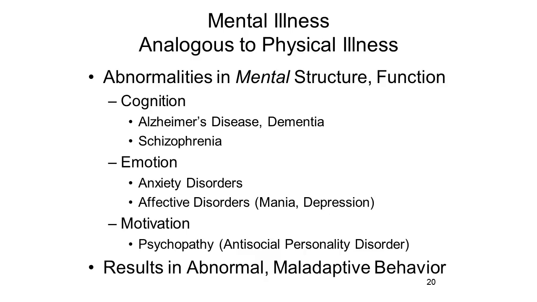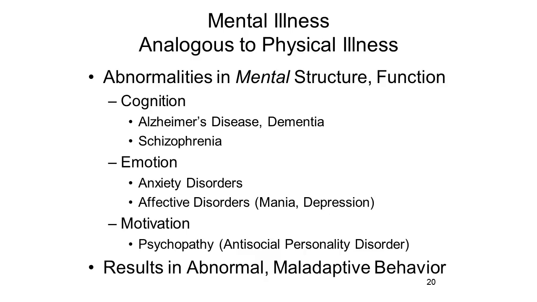These individuals have emotional experiences that are inappropriate to the situation. And in psychopathy, antisocial personality disorder, we see abnormalities in the motivational domain. These individuals can't conform their behavior to what other people want them to do and don't respond effectively to the usual sorts of rewards and punishments.